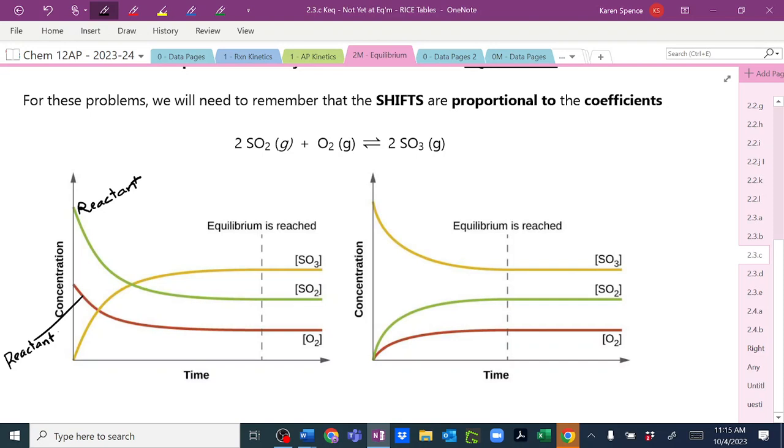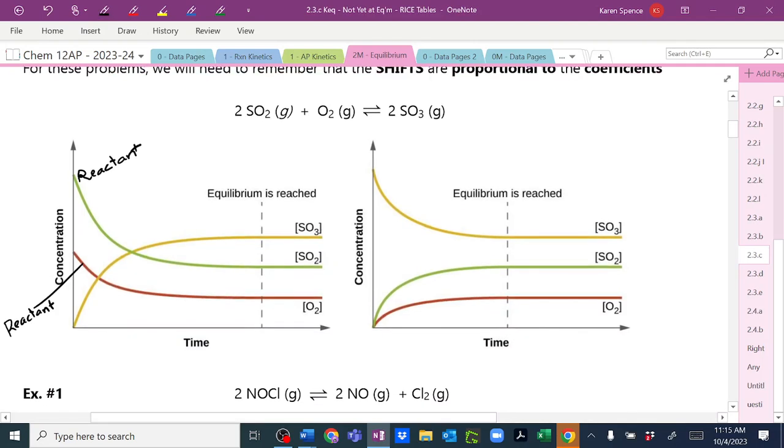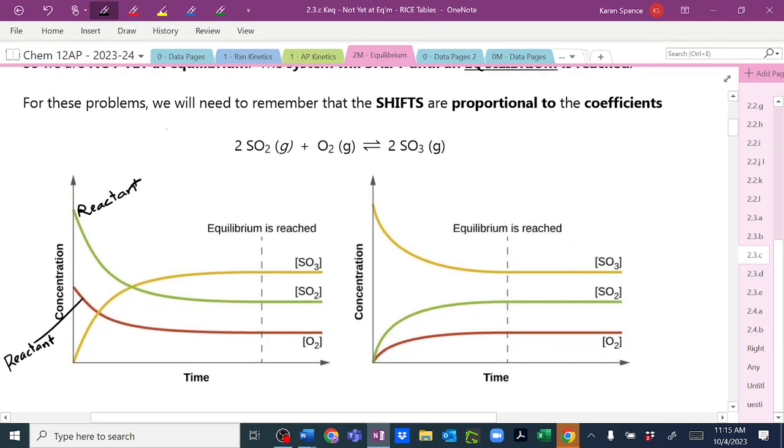If we have only reactants at the start, which way must we shift? We shift to the right, obviously. And what if we have only products at the start? We shift left.